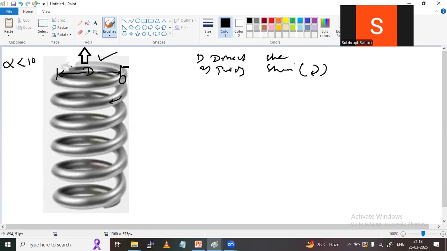Now in this diagram, this is the coil axis, and the cross section of this wire is circular.